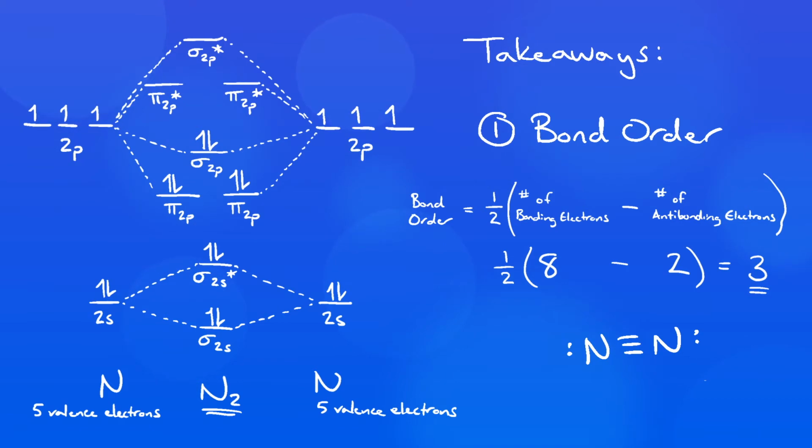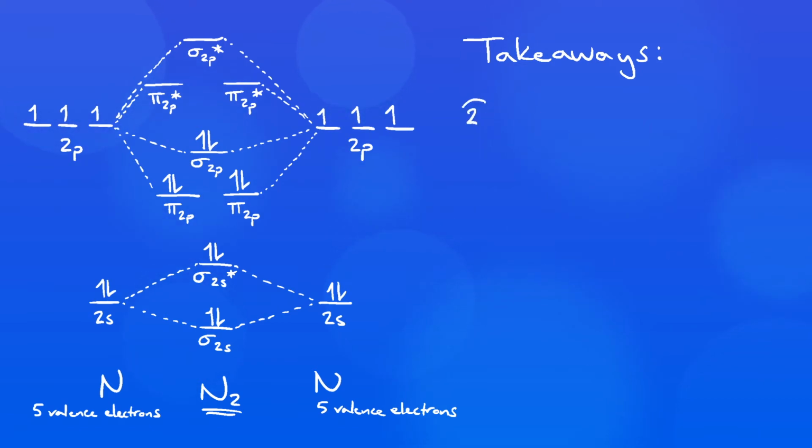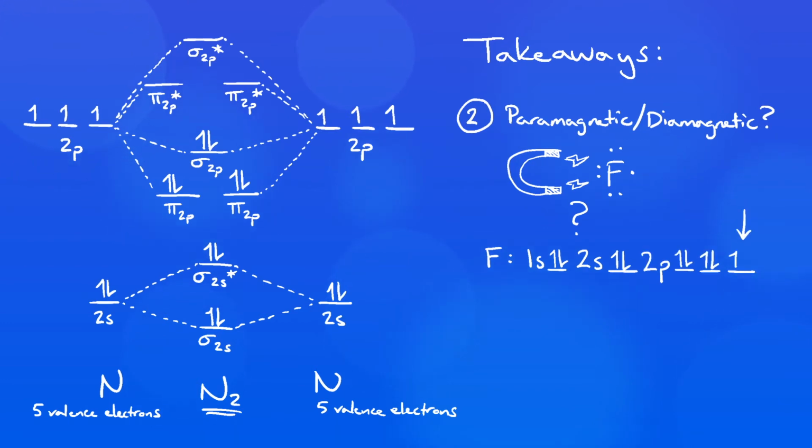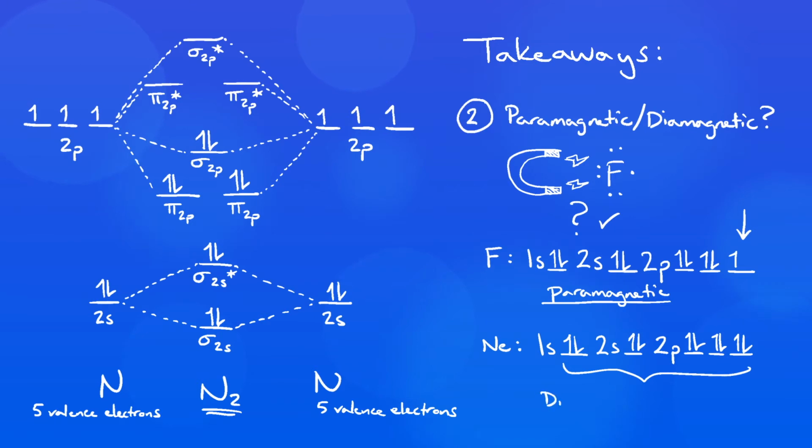The second major observation harkens back to a simple test that we performed on single atoms earlier in the year. If you wanted to know whether an atom or ion was paramagnetic, that is strongly attracted to a magnetic field, all you had to do was look at an orbital filling diagram and see if you had any unpaired electrons. Unpaired electrons indicate paramagnetism, while a structure with complete electron pairs in every orbital meant that you had a diamagnetic substance, something that doesn't respond much to a magnetic field.